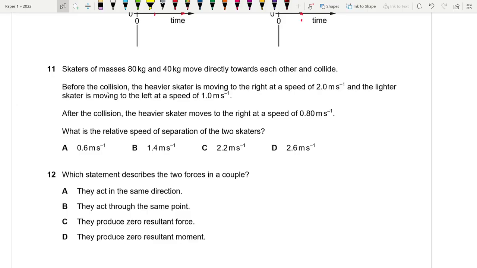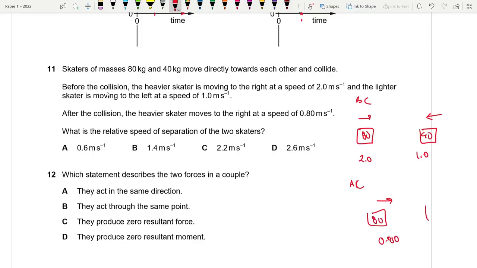Okay, guys, so the heavier skater is moving to the right. 2, 1. This is before collision. After collision, the heavier skater moves to the right again with a speed of 0.8. What happens to this guy?